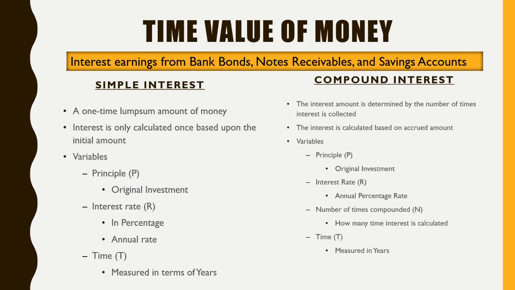Okay? Now, how do we make adjustments, or how do we consider these contributing factors, especially when we're looking at these examples here? So the reason why we would use time value of money is for two factors, right? Number one, if we decide to invest in some kind of bank bond securities, or we decide to take a loan out, right?